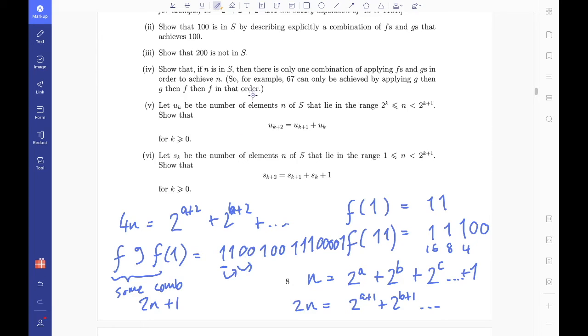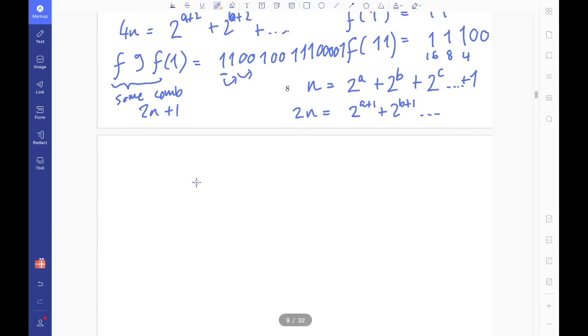It may be a bit harder to get there without using the binary, but I think it's possible. What you could say is that basically every number is either even or odd, or I guess you could say it's either a multiple of 4 or it's odd if it's in S. You have to go down one of these branches.